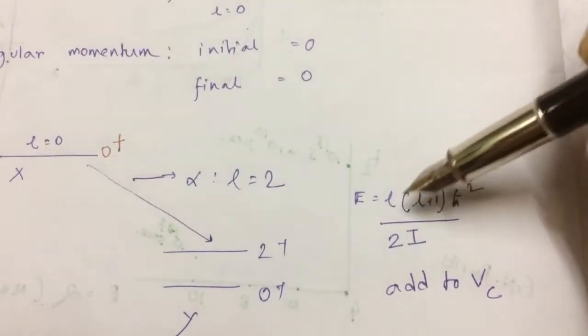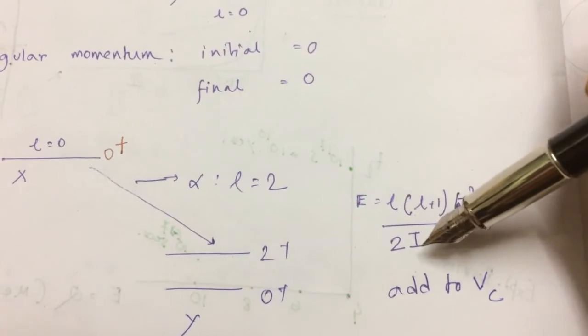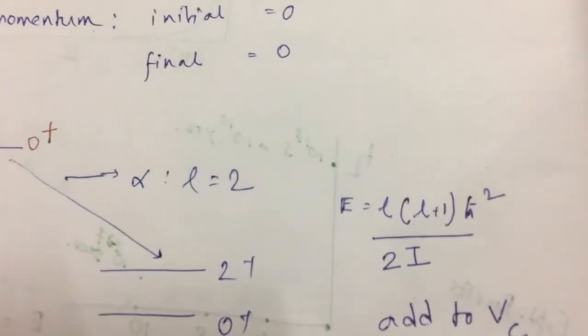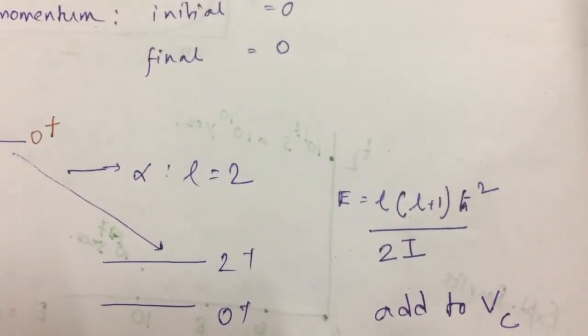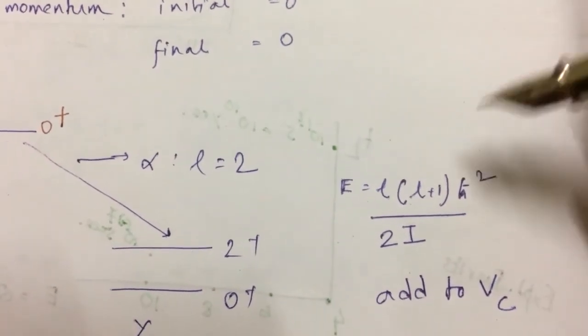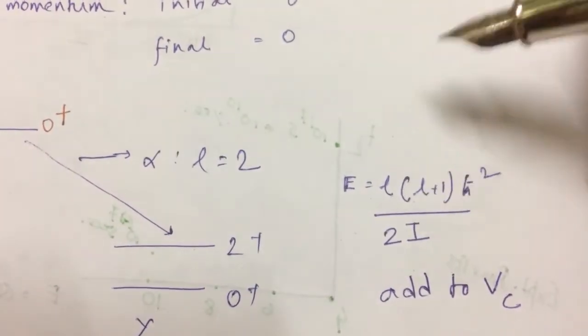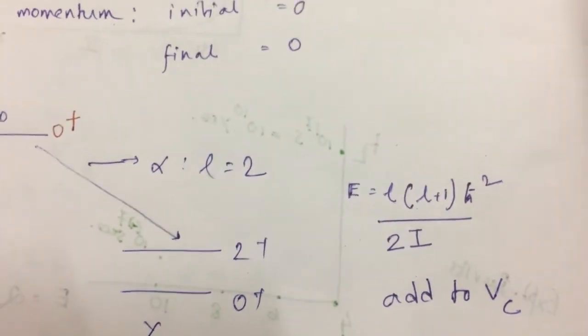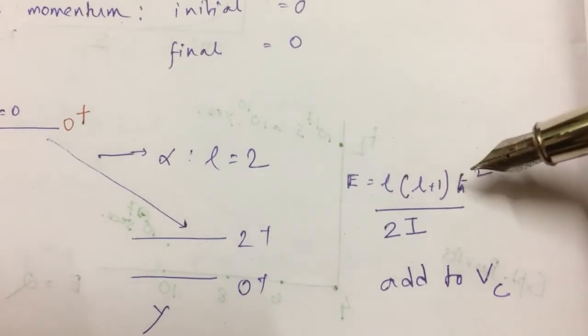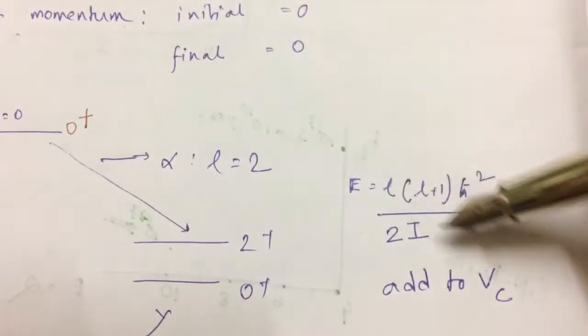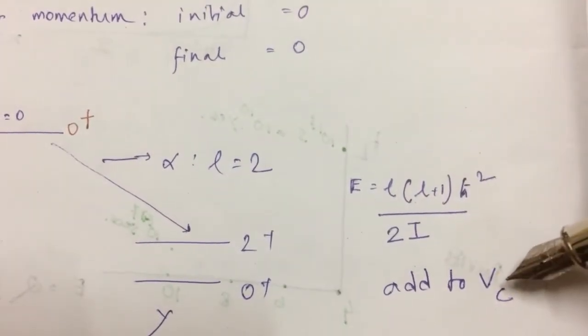This is a positive term because everything here is positive, and L equal to 2 is again positive. So we have a positive energy value here, and a positive energy value is a manifestation of the repulsive energy. So this will add up to the Coulomb energy.